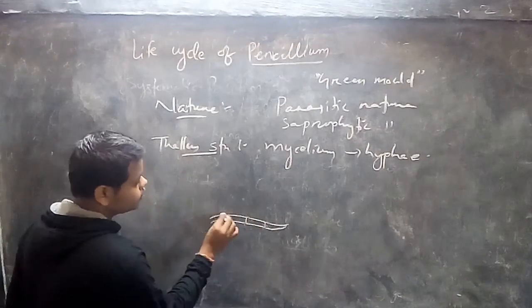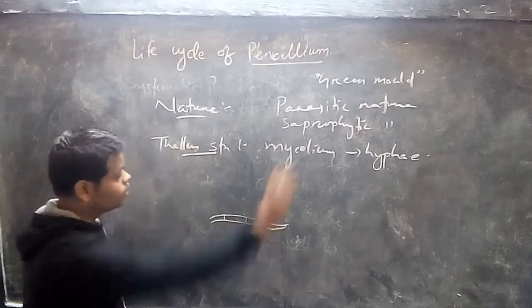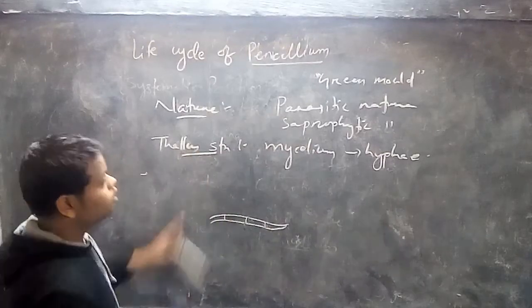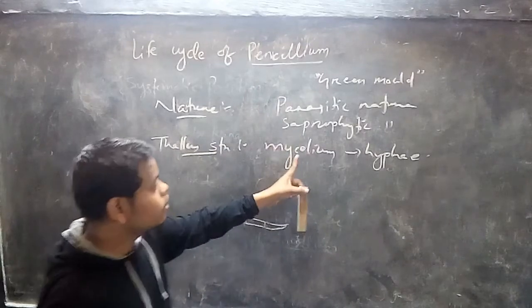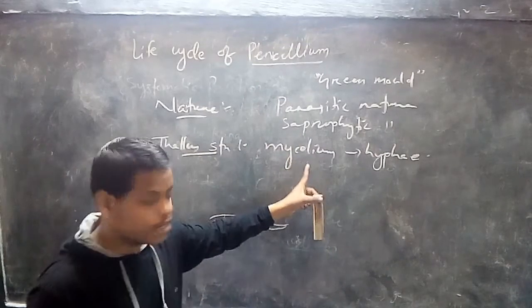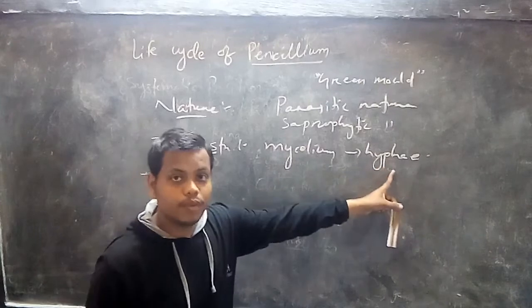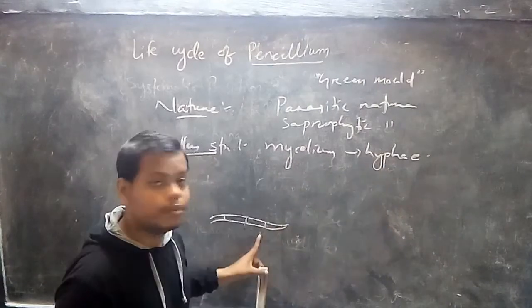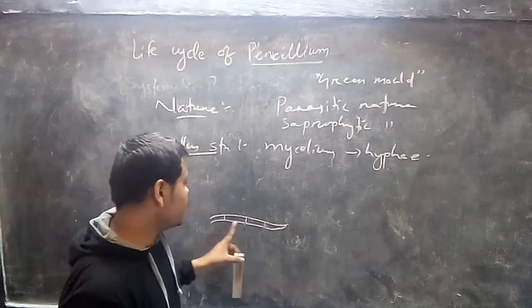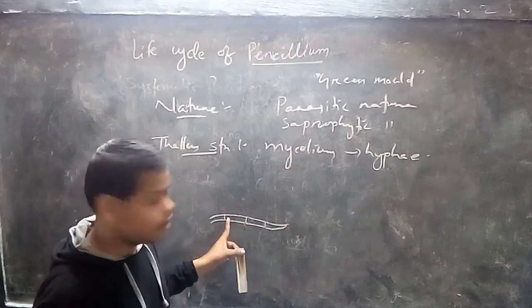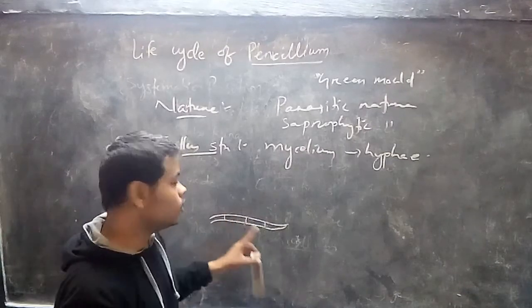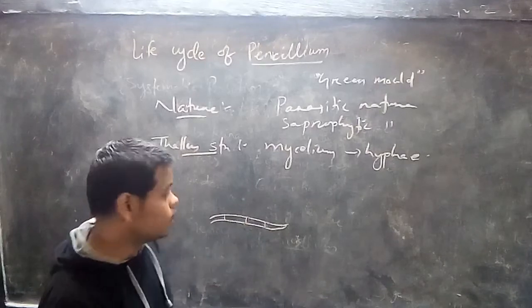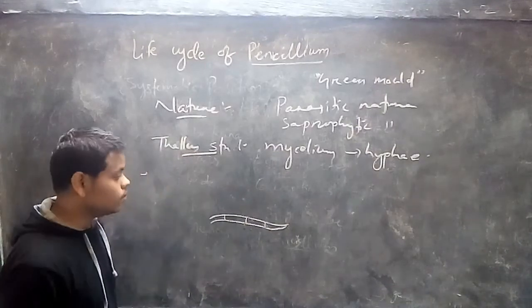The cell wall is present, and the cell wall is made up of chitin. In this way, in thallus structure, Penicillium is a mycelial fungus. The body of Penicillium is made up of mycelium. The mycelium are made up of hyphae. These hyphae are septate in nature. In the center of the septa, a hole or pore is present for the inter-exchange of cellular materials.